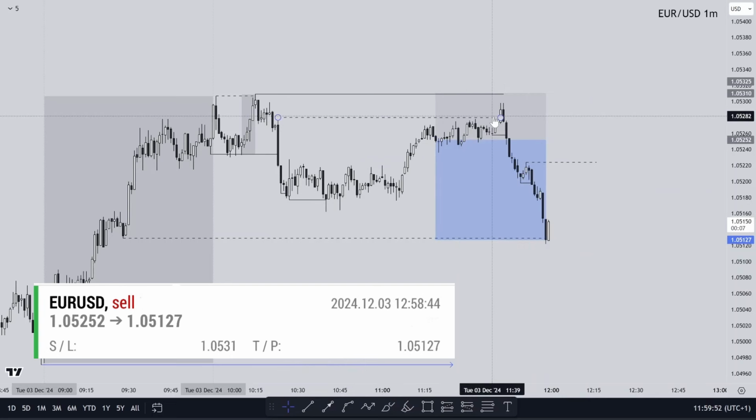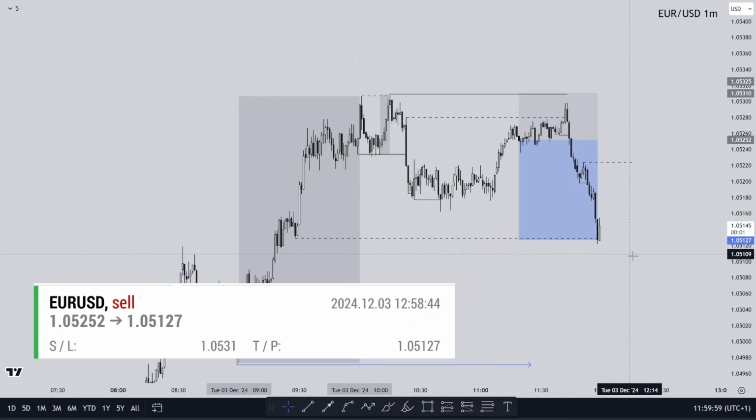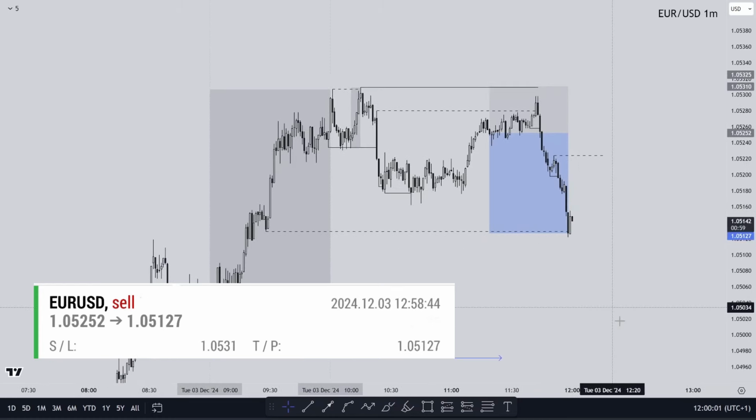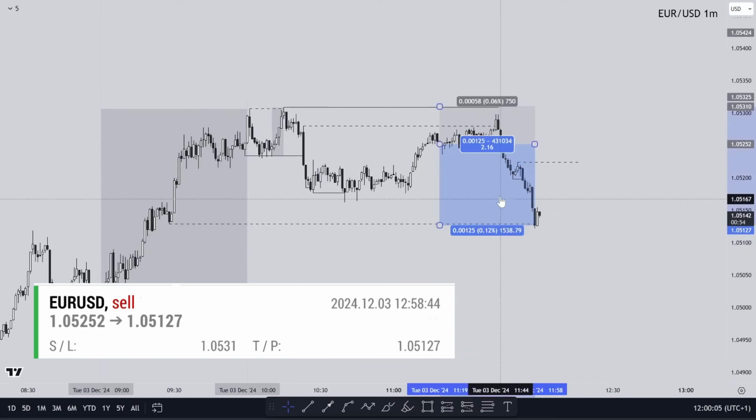But let's see. In the afternoon, during New York session, I try to catch a long trade. So the lower the price go, the better for me. But for the moment, I took a 2R. So I'm really, really happy.